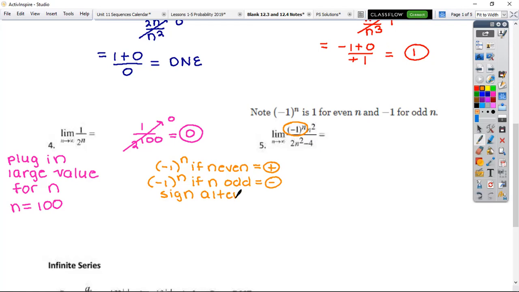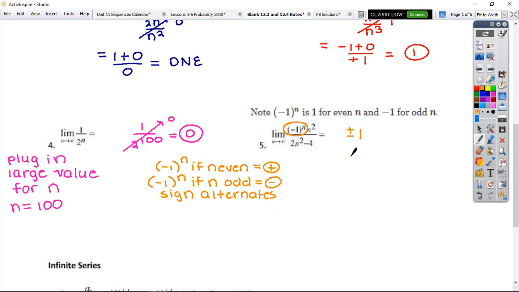So your sign alternates. So I'll show you this, but again, if you see it in the future, you can just immediately know the answer. So we think of it like this. -1 raised to the second or -1 raised to the third is going to give me a positive or a -1 because of those signs.